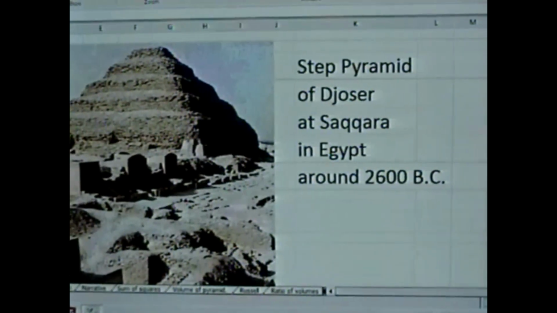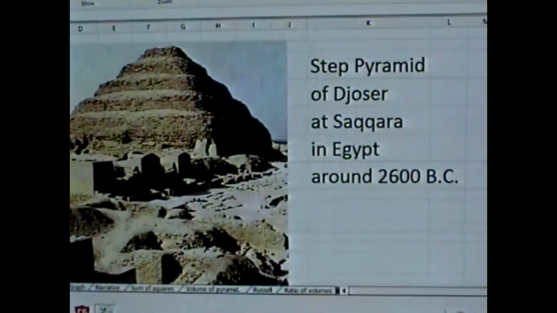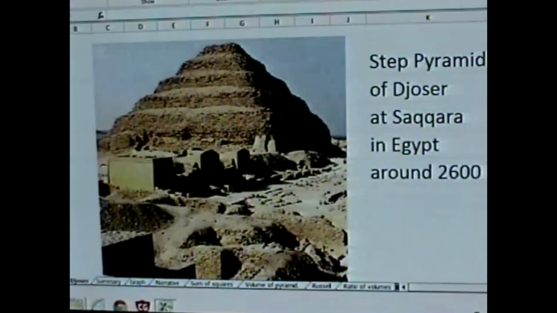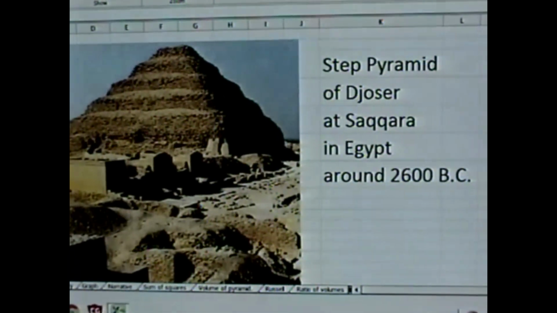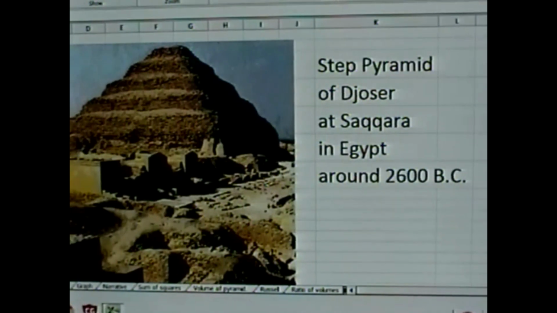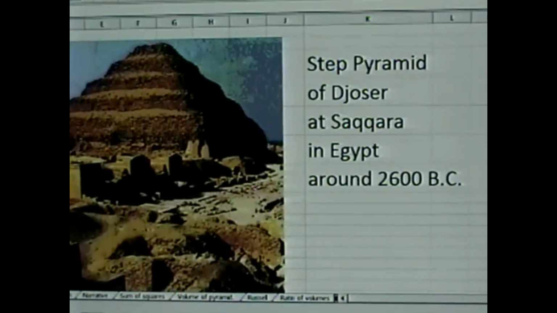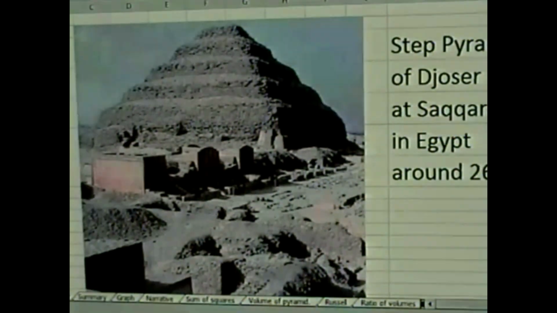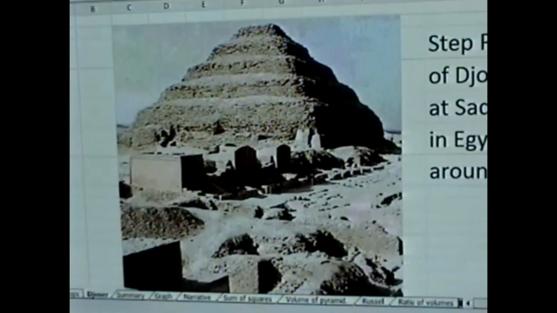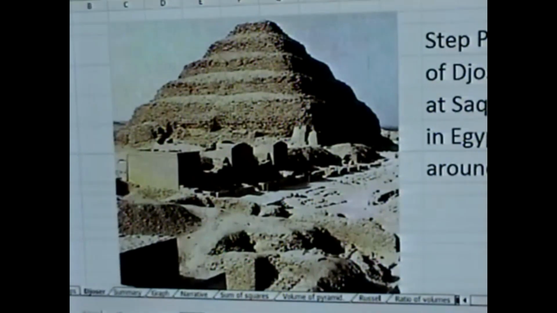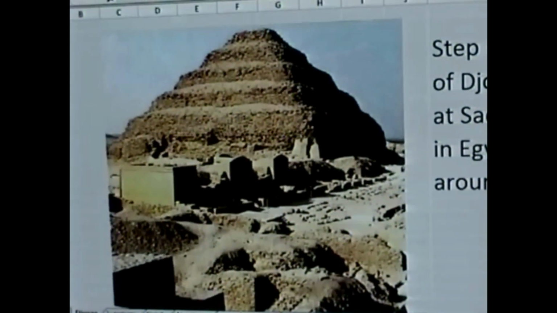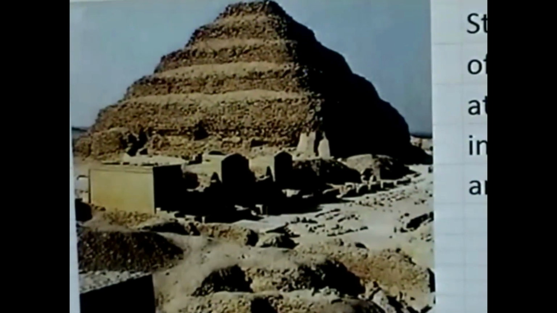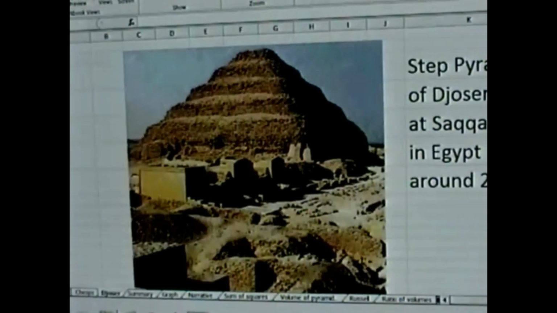Now here's another ancient pyramid from Egypt. This is the step pyramid Saqqara, which was built around 2600 BC, so it's a little bit older than the Great Pyramid of Cheops. Now the step pyramid has a different kind of structure. You'll see that it's not smooth on the sides, and you could not slide from the top to the bottom without bouncing.